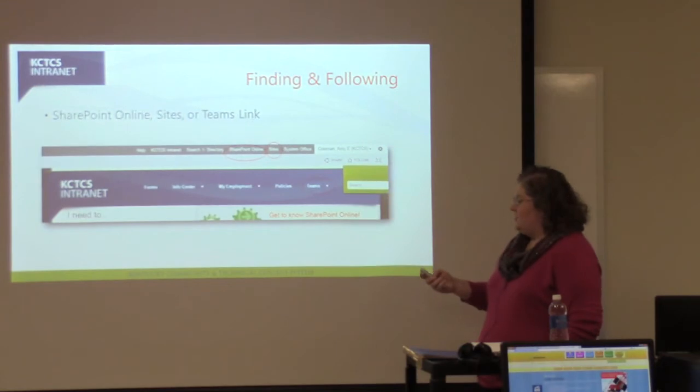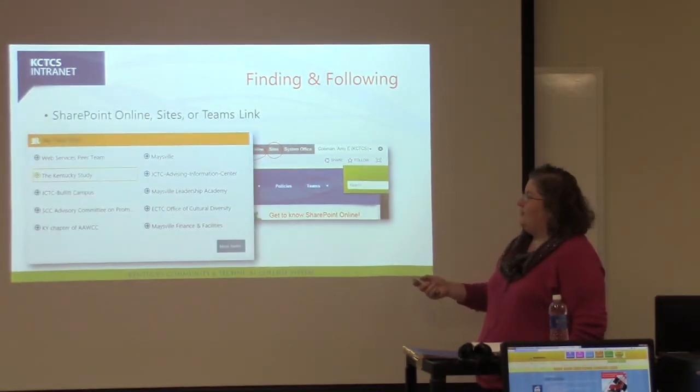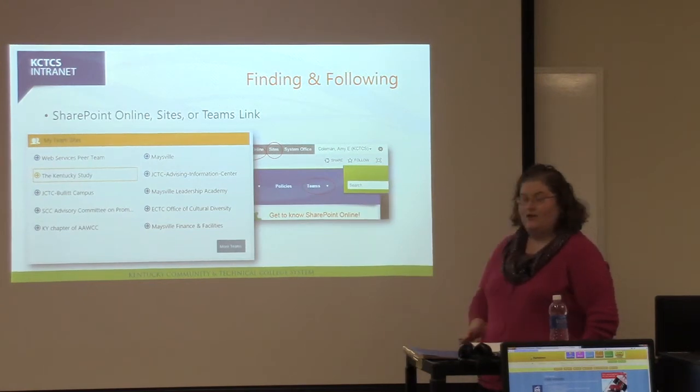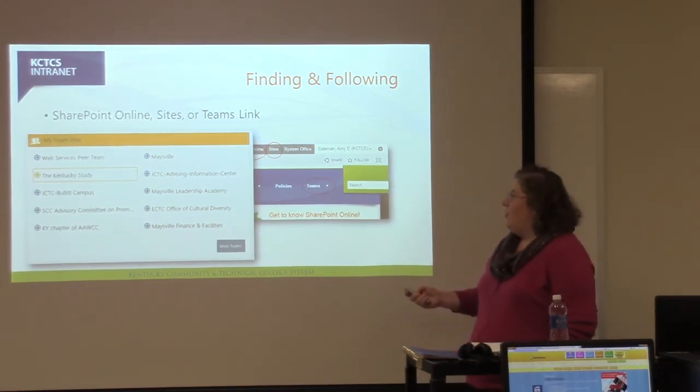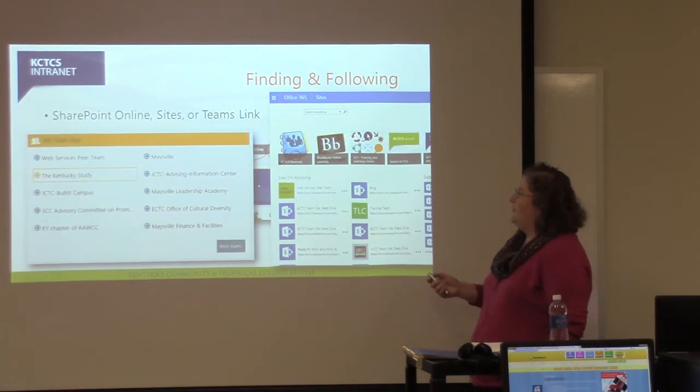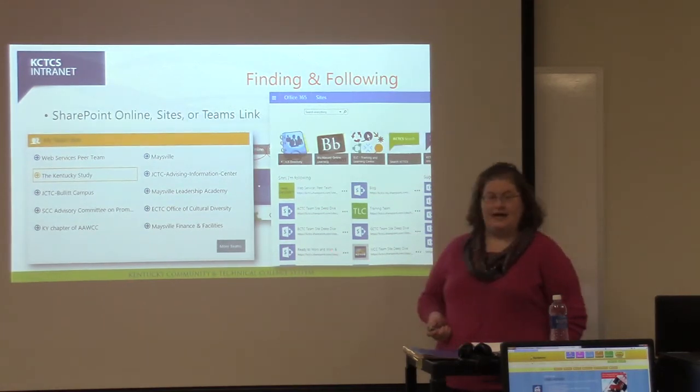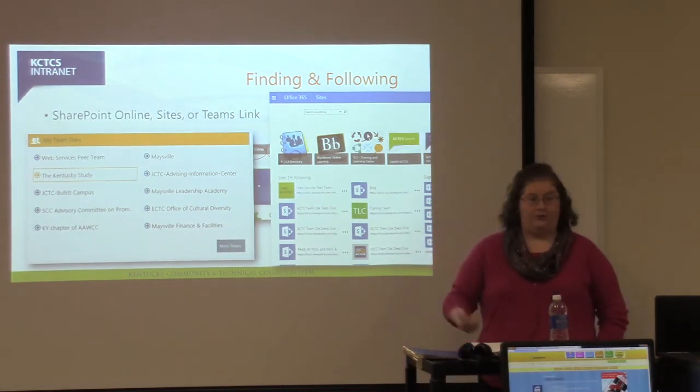All right? So if you go to SharePoint Online, you're going to see a page that looks like this, with all the sites you have access to. Or if you go to the sites you're following page, you're going to see the listing of the sites you've actively followed.